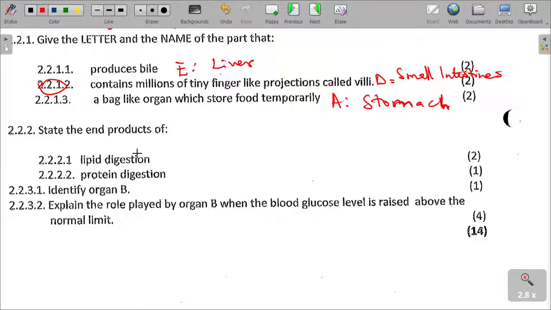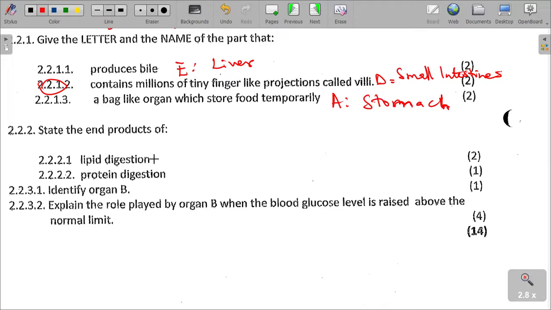Then state the end products of lipid digestion. It is fatty acids and glycerol.